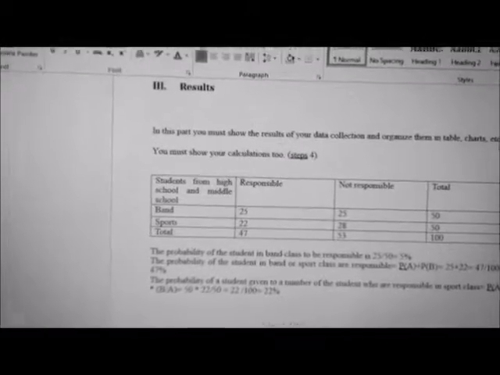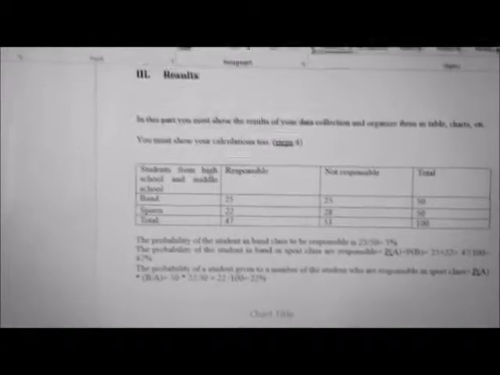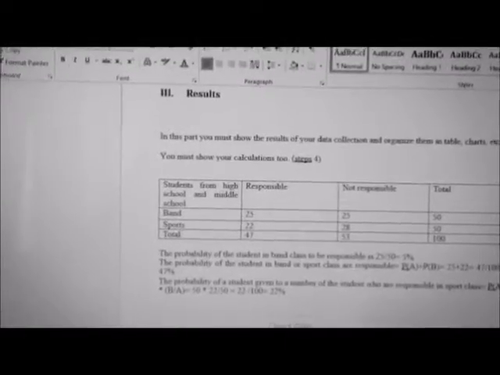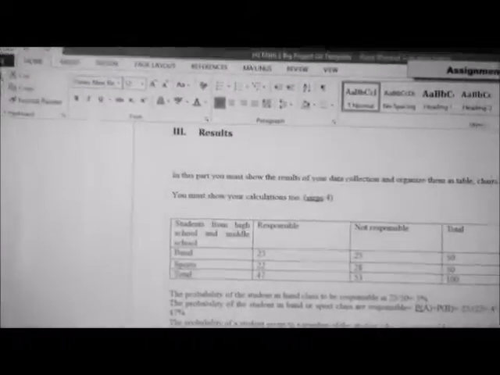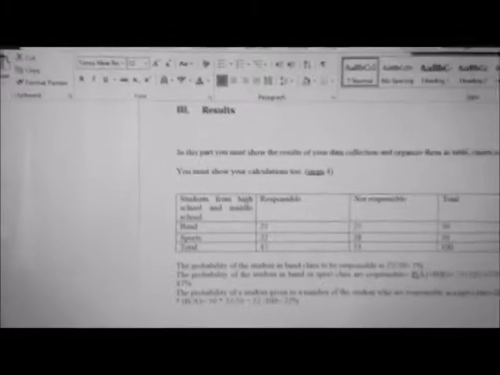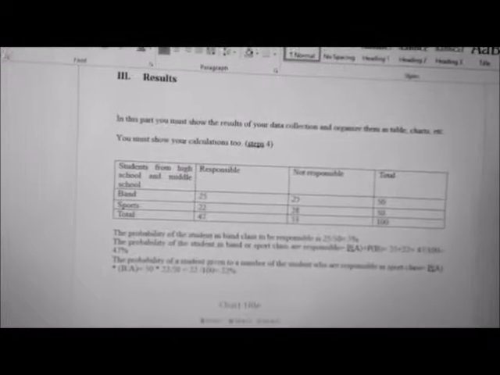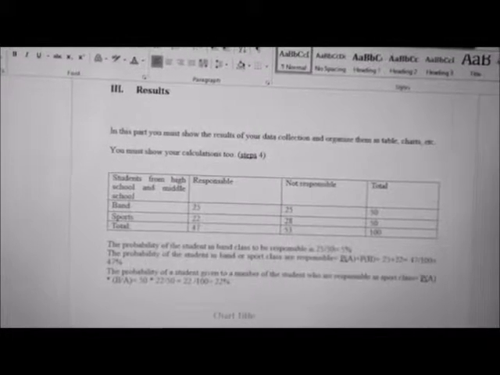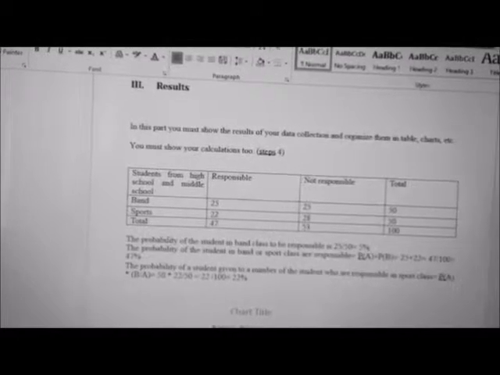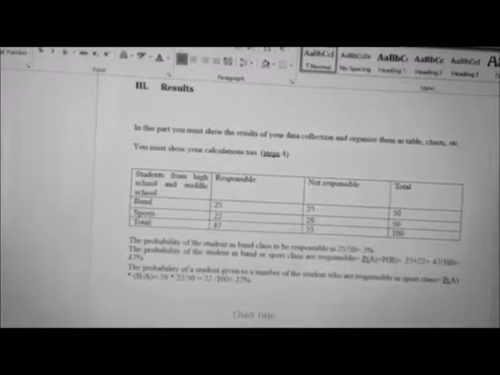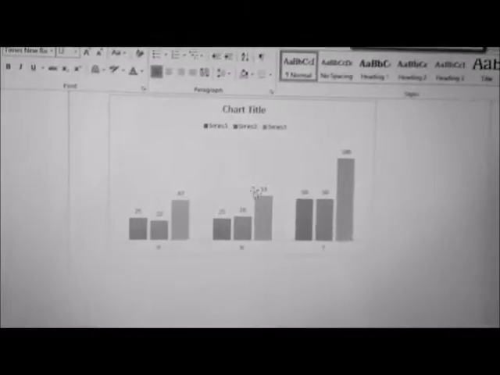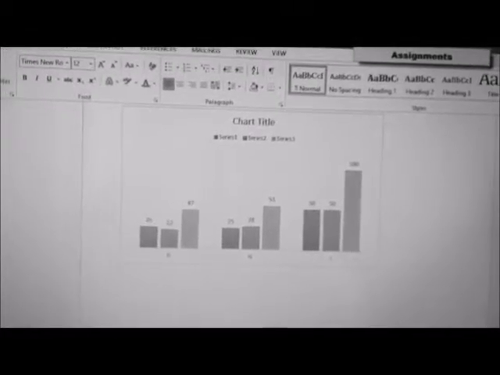The probability of a student in band class being responsible is 25 out of 50, so it's 50%. The probability of students in band or sports class being responsible is 47 divided by 100, so it's 47%. So I made a chart of this: this is responsible, non-responsible, and this is the total of all.